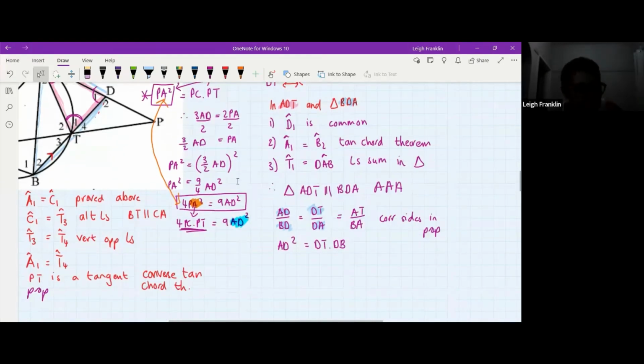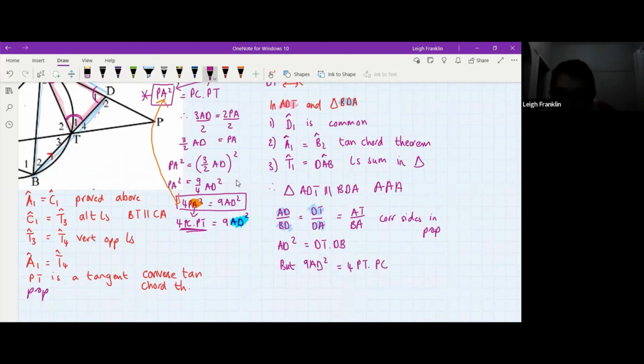Okay, we're nearly there. This is the last step. Okay, so remember, back here, AD squared was equal to 4 times PT times PC.